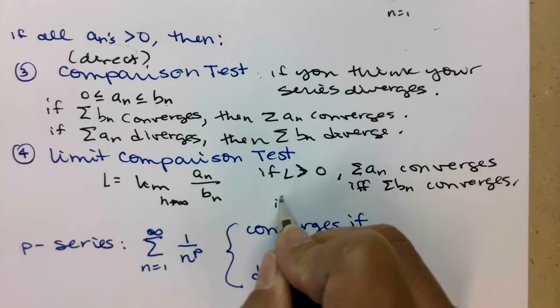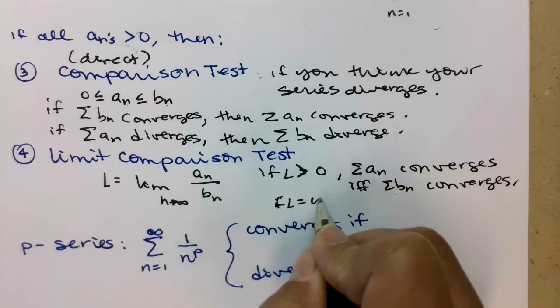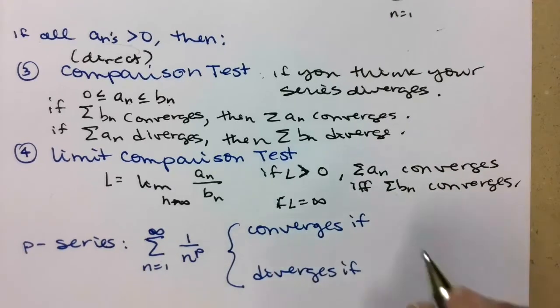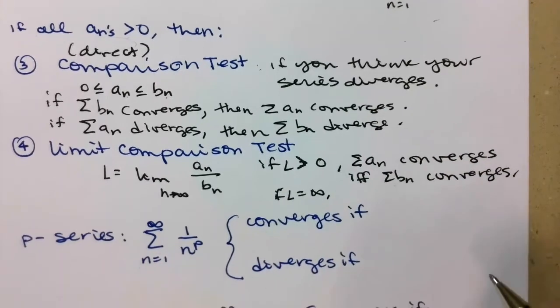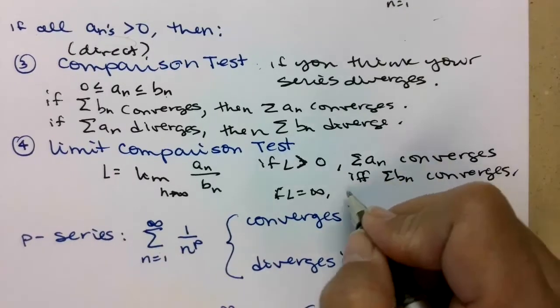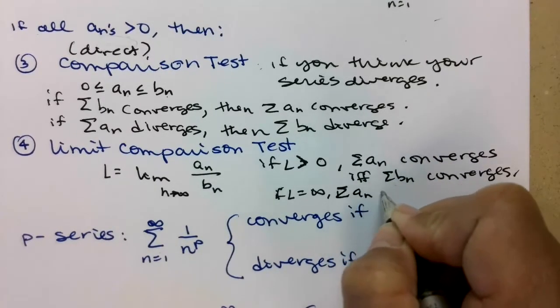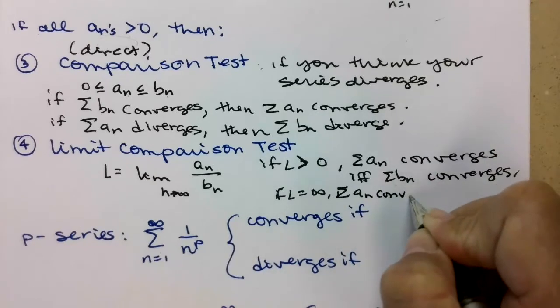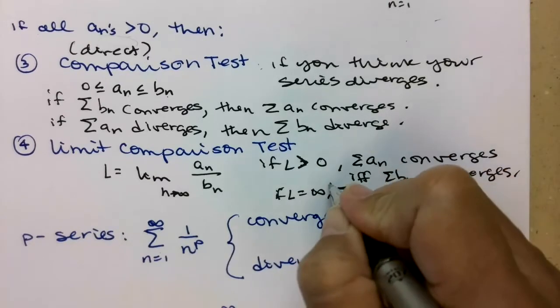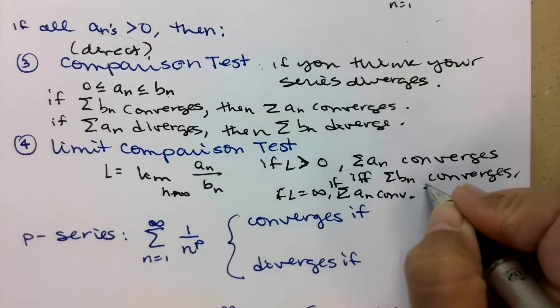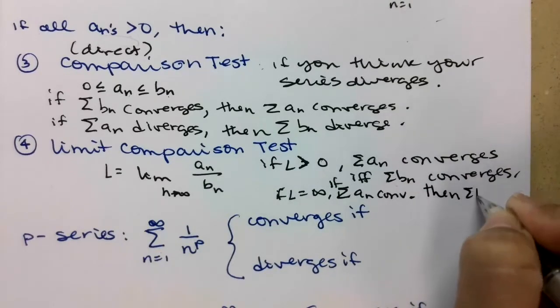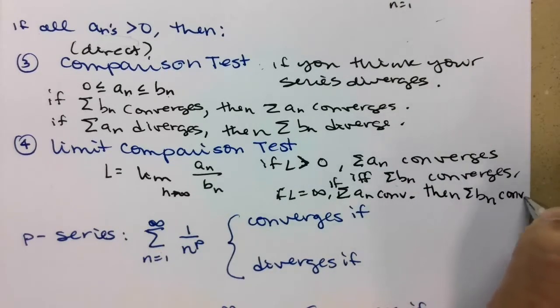If that limit is infinity, now our statement is not quite as powerful: if a sub n converges, then b sub n converges.